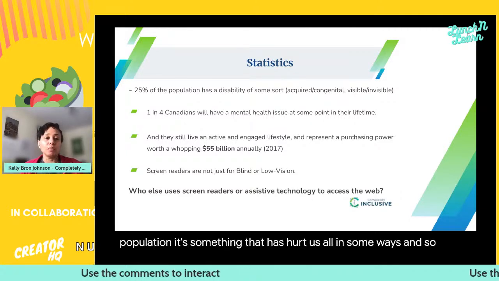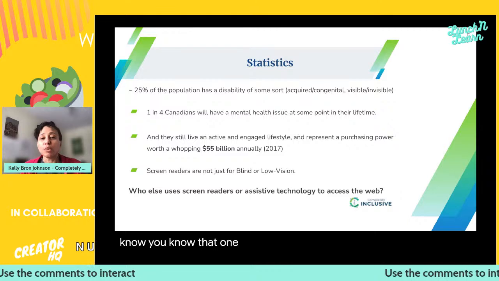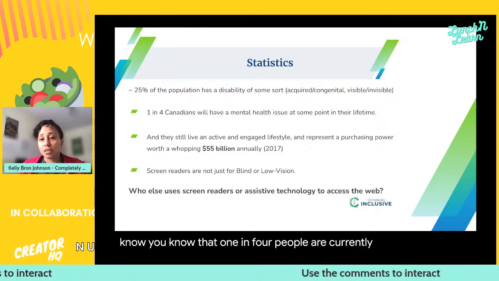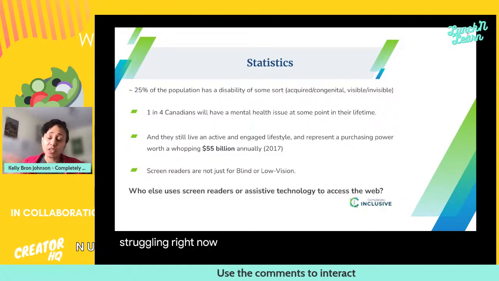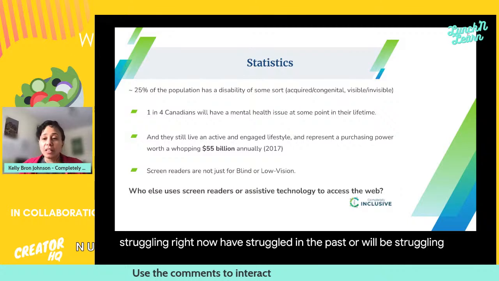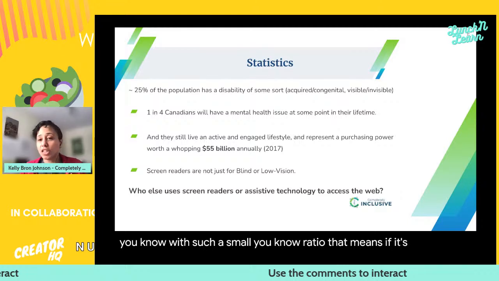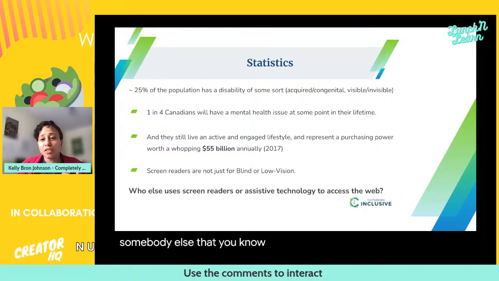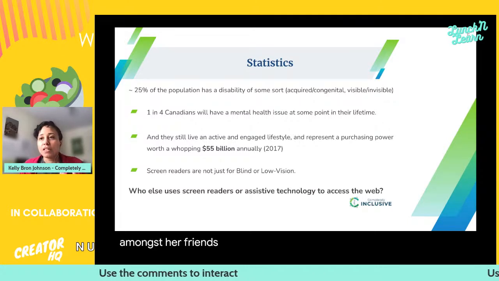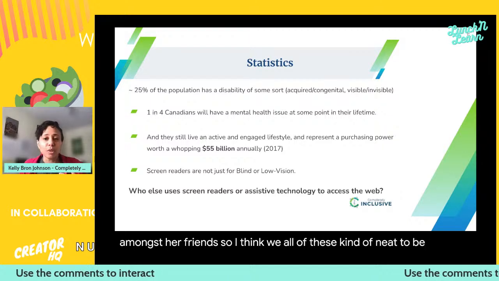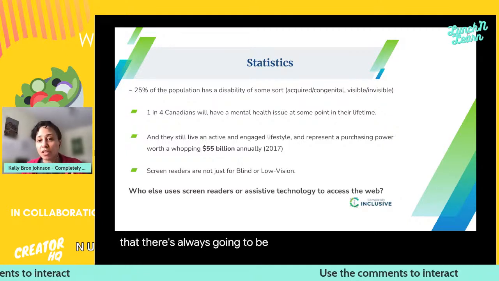And so if you know that 1 in 4 people are currently struggling right now, have struggled in the past, or will be struggling, and with such a small ratio, that means if it's not you, it's somebody else, somebody in your family, somebody amongst your friends. So I think we always kind of need to be aware that there's always going to be somebody struggling.